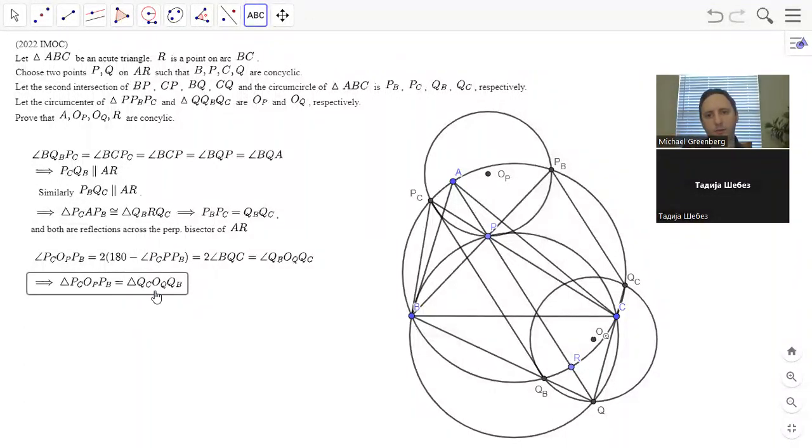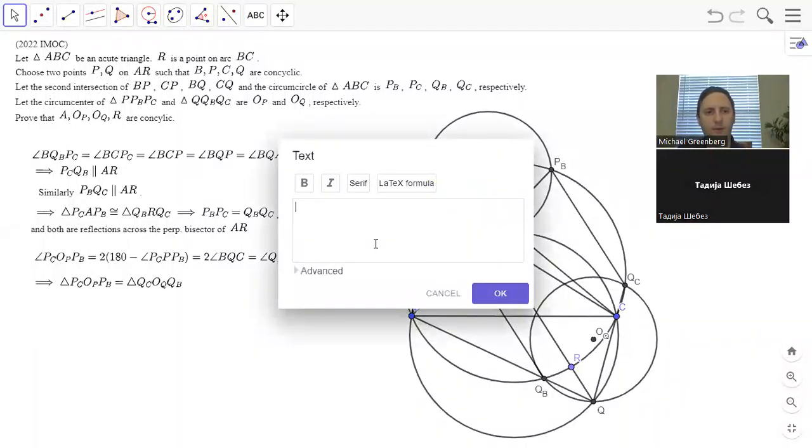And this implies that OP and OQ are reflections across the perpendicular bisector of AR.